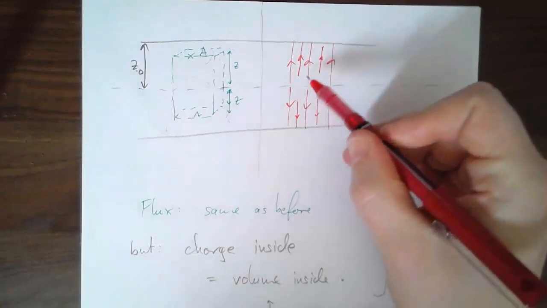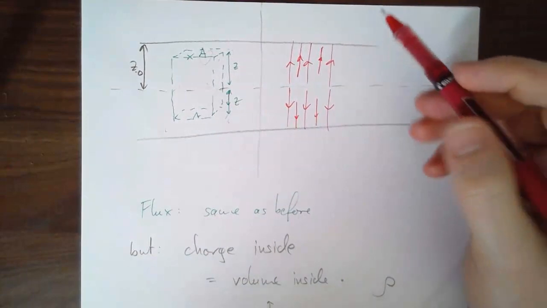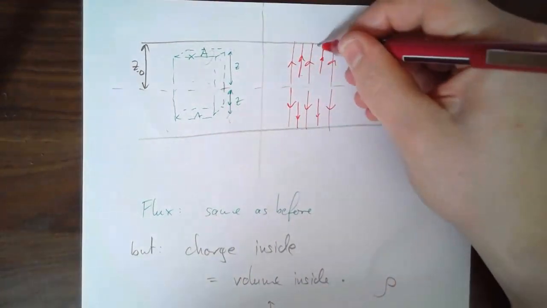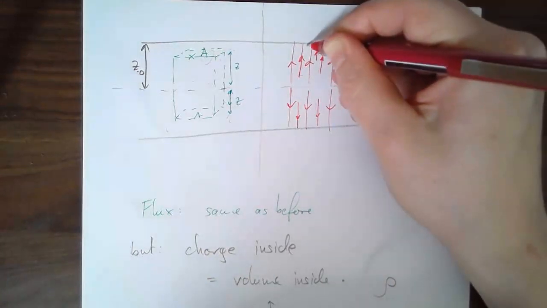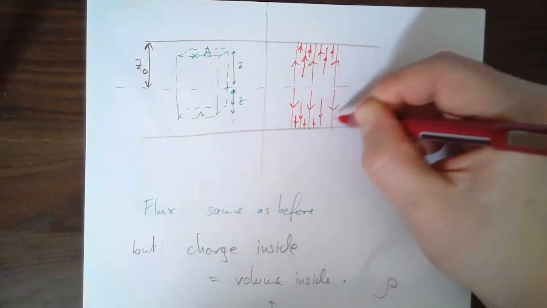If I imagine this slab being made out of lots and lots of tiny charges, like protons, you can imagine some protons here create their own new field lines, and then more field lines there. So the field actually gets stronger as you get closer to the edges.